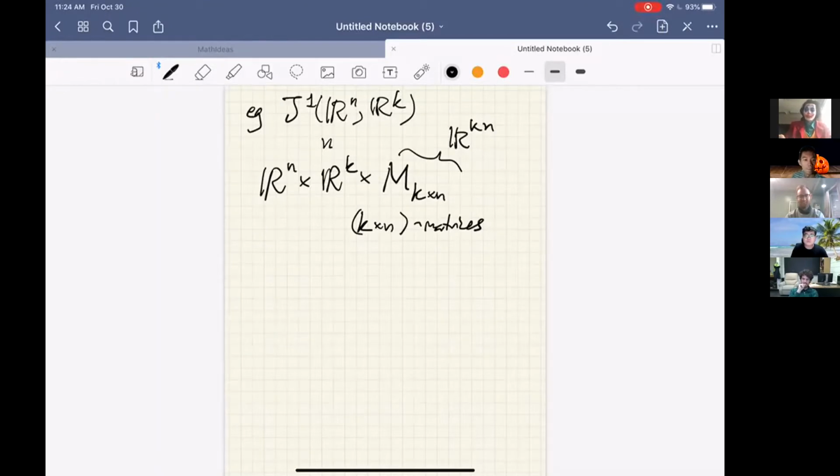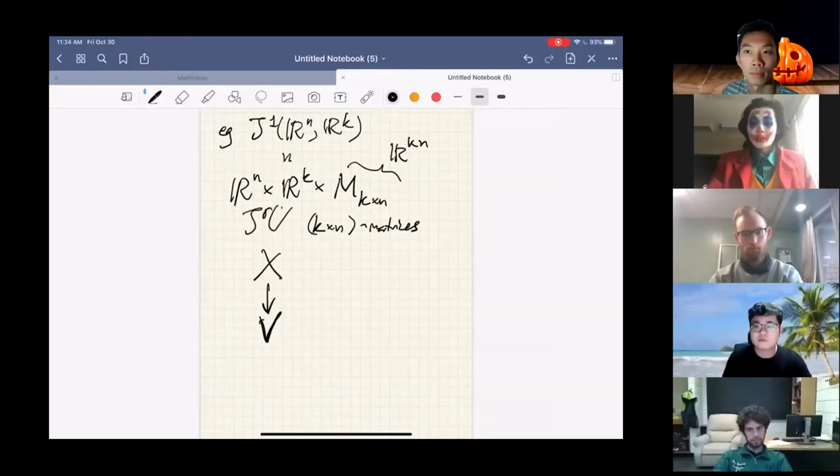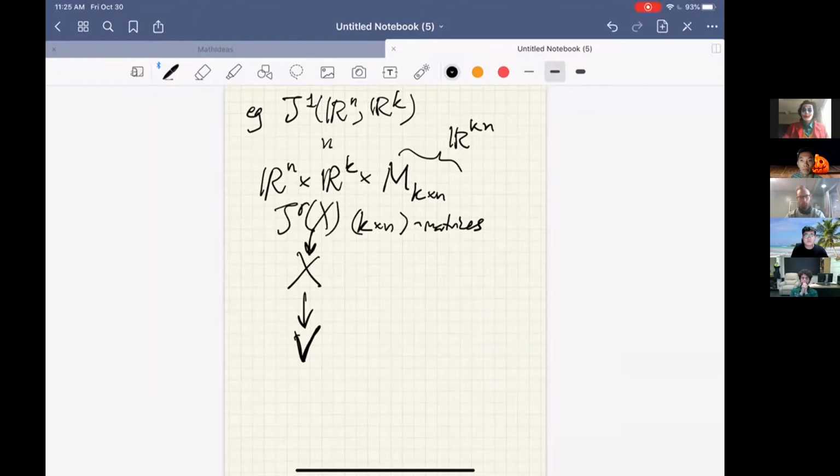I should say also, this is for the senior students in the audience: if you have a more general fibration or type of bundle, then jet spaces are defined for those also. So you have J^r of X. Sorry, I'm jumping ahead of myself.